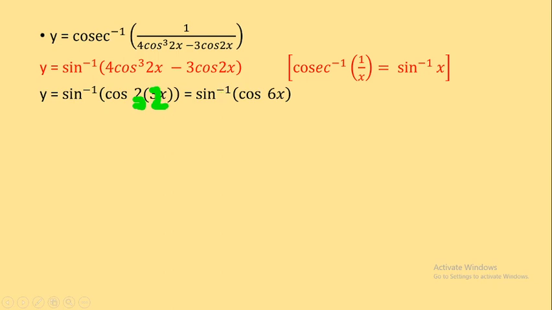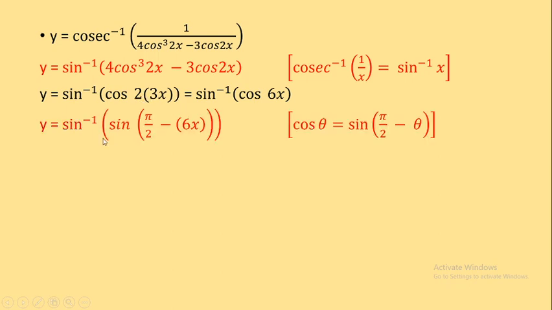So what is this? It is the formula for cos 3 theta, but instead of theta, you have 2x, so I have taken 2x inside. The formula for cos 3x is 4 cos cube x minus 3 cos x, but instead of x you have 2x. So the answer is 3 times 2, which is 6x. Just remember to interchange it: make 3 outside and 2 inside. Please make sure that you don't make that mistake.